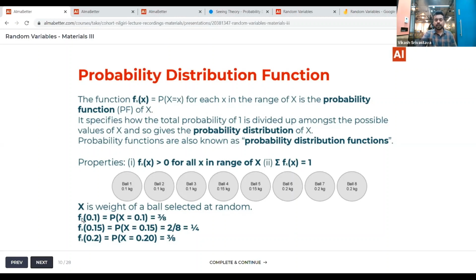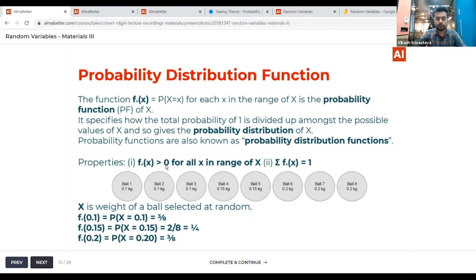Then f of 0.15 is the probability that capital X is equal to 0.15, and this will be 2 by 8, which is 1 by 4. And f of 0.2 is the probability that capital X is equal to 0.2, and that will again be 3 by 8.